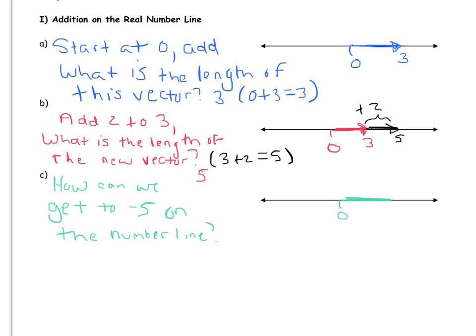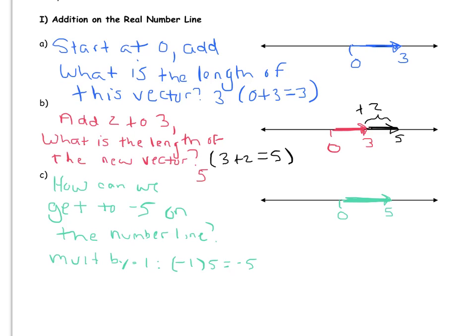Let's say this is a vector of length 5. How do we get to negative 5? Well, there's a few ways you could do it. You could subtract 10, right? That's one thing you could do. But there's another thing you could do, and that's what I'm going to focus on, and that is multiplying by negative 1, right? So if you multiply by negative 1, of course we know that the result is negative 1 times 5 equals negative 5.